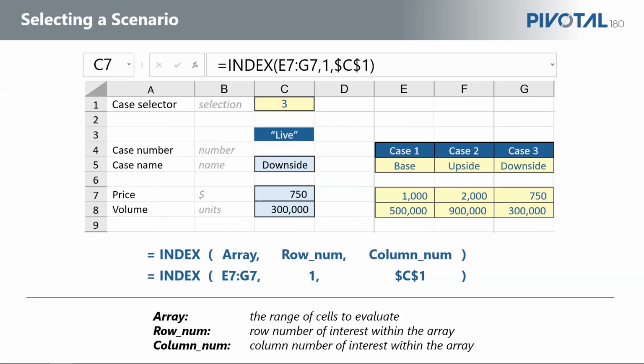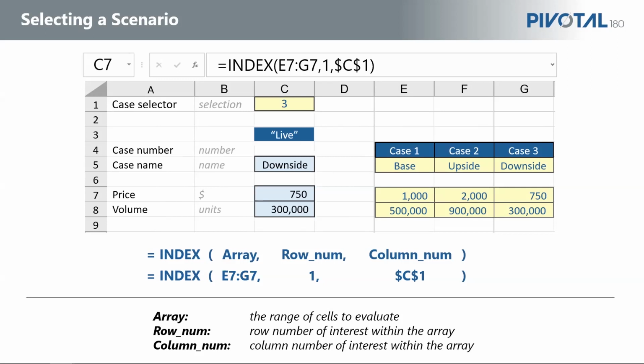And next, we're asked to specify a column number. And this is probably the most complicated part about the function, although it's really not that complicated. The idea is to say, which column within the array do we wish to be pulling data from? So if I want case 1 to be active, I want to be pulling that data from the first column within the array.